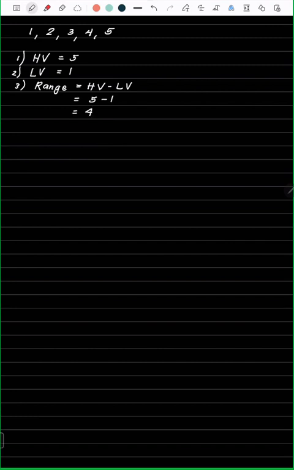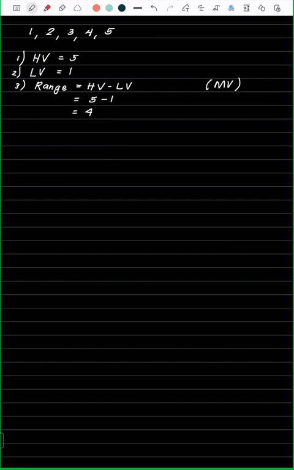But what is range? Actually, range is part of the measures of variation. So what do we mean by measures of variation? The measures of variation give you an idea of how dispersed your data are, meaning how far your data are from each other.